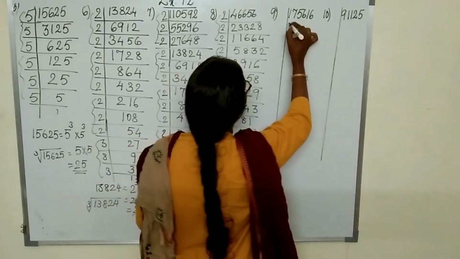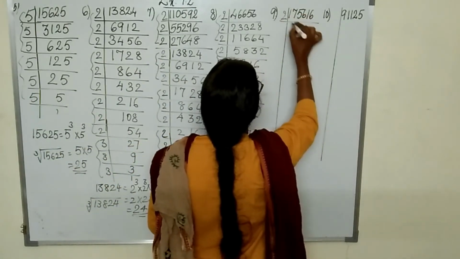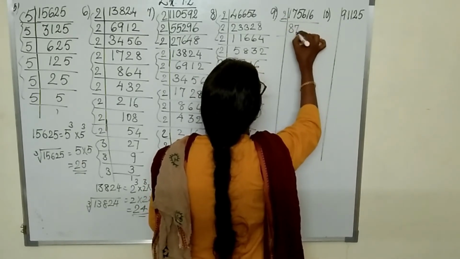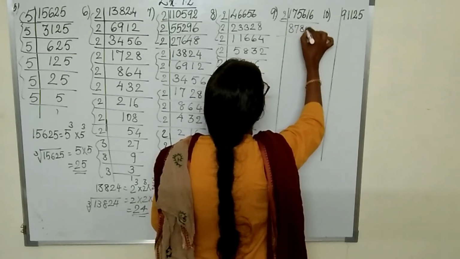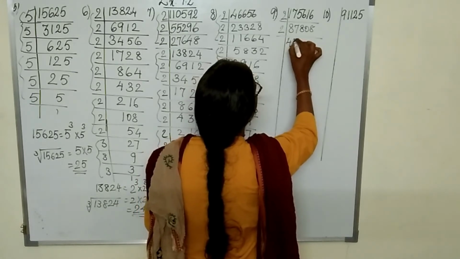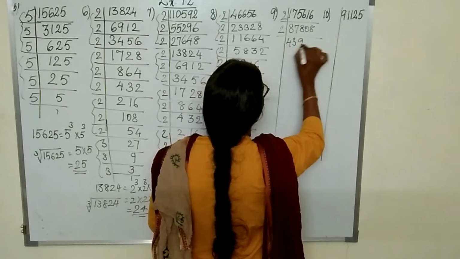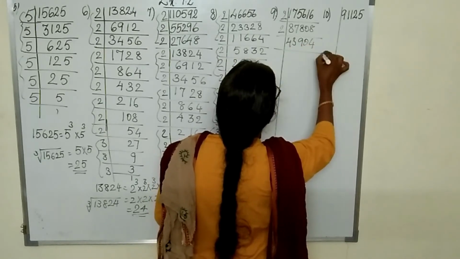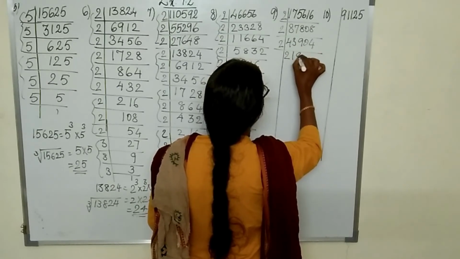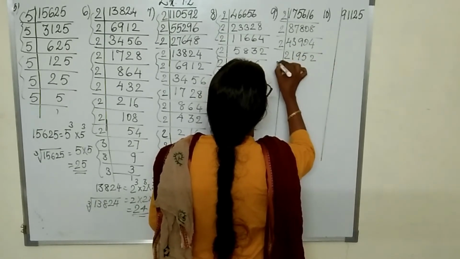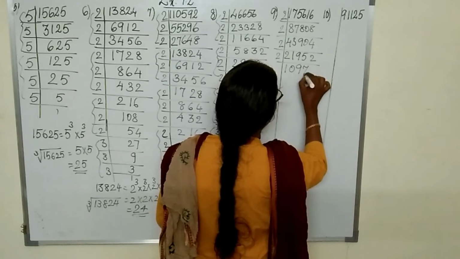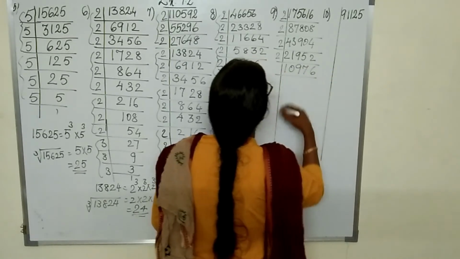Now let us see this number divided by 2. 8 2s are 16. Then 7 2s are 14. 8 0 8. Again by 2. 4 3 9 0 4. Again by 2. 2 1 9 5 2. By 2 again. 6.